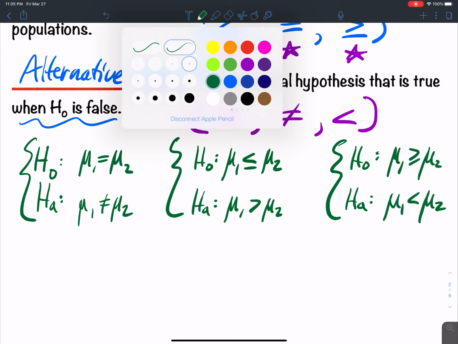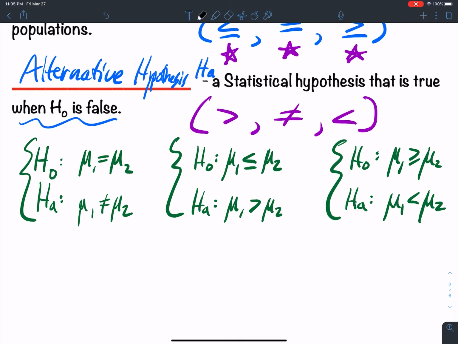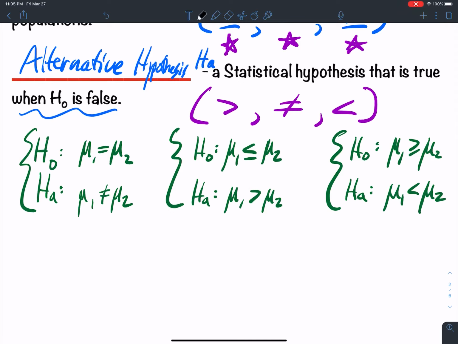So what does this mean? What does this mean here? Well, if I take mu1 equal to mu2, what can I do? I can solve to get it to be 0. If I subtract mu2 from both sides, I get mu1 minus mu2 equals 0.